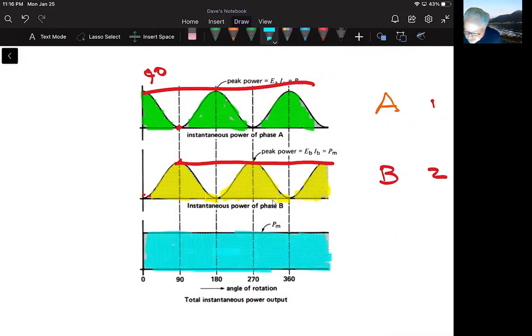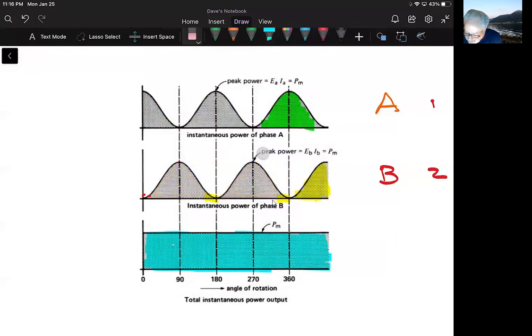Well, that worked out pretty good. Let me clean this up a little bit. This is showing the maximum peak power, and this is showing the maximum peak power of the second phase.